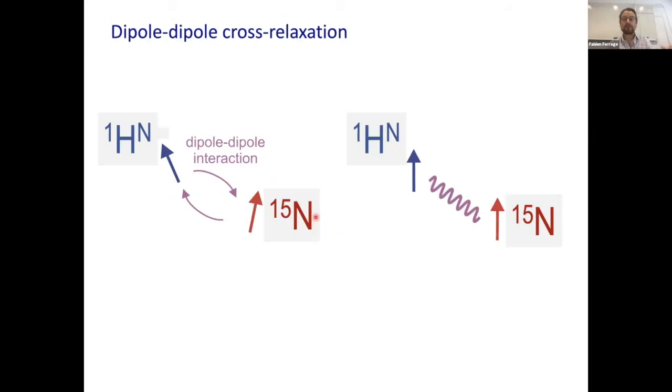Another type of rate that we always try to measure is dipole-dipole cross-relaxation, so the NOE effect. So when you have a dipole-dipole interaction between these two nuclei, that leads to an exchange of polarization between the two nuclei, like in the NOESY experiment. And this is really the NMR equivalent of a FRET experiment in particular.